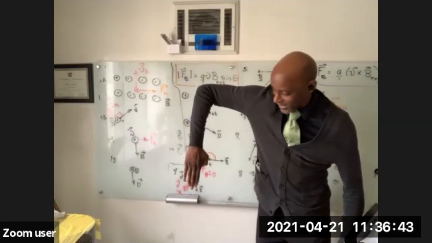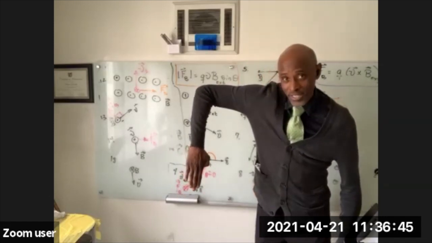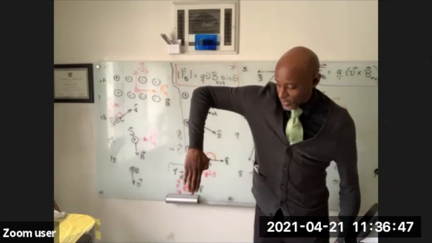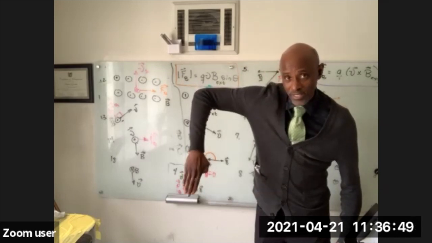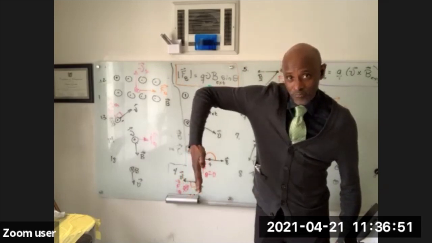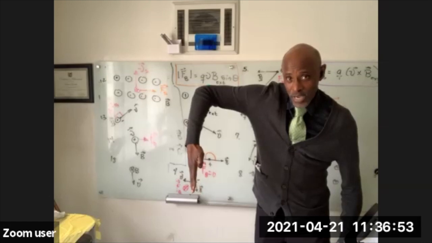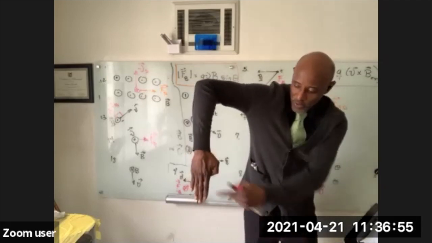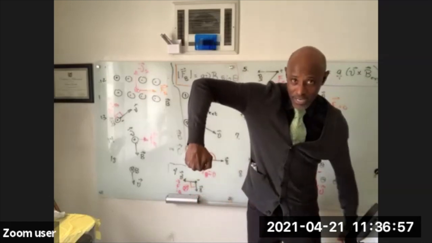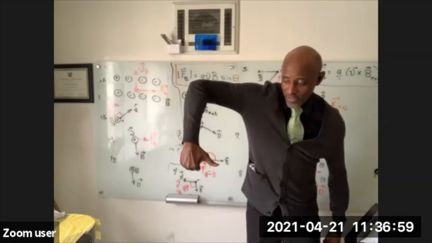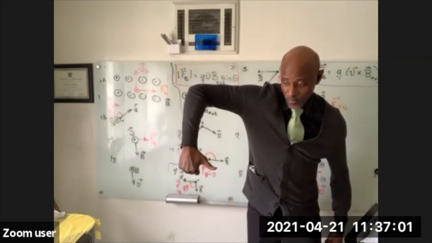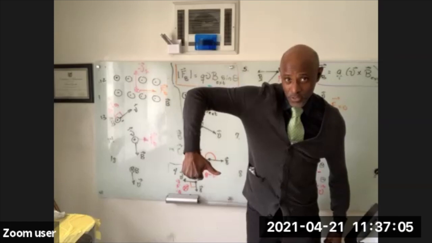Yeah, I know it's kind of funny. So now point your fingers so that they're parallel to B. You have to turn your hand around so that your fingers can point into the board like that. There you go. Now point your thumb. What is that direction relative to the board?